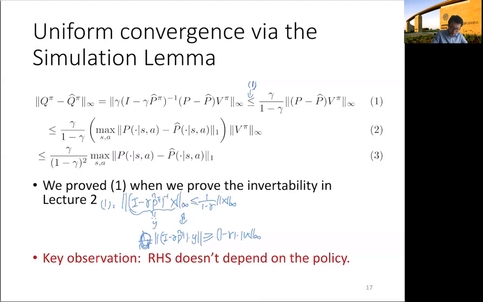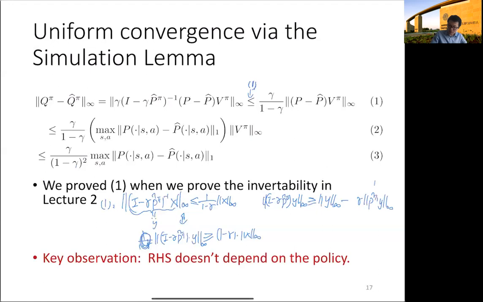So we'll go by the triangular inequality. Yeah, this is the same thing that we used before. We use a triangular inequality to lower bound this by the norm of y minus gamma P hat pi y in L infinity, right?